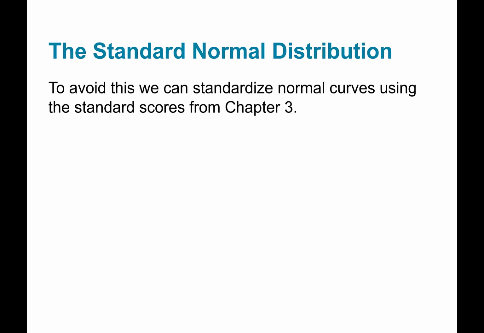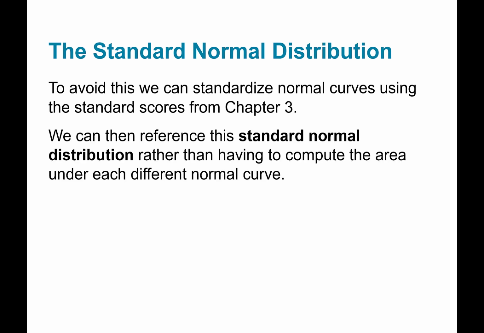Basically, we're going to convert every normal distribution that we have to the standard normal distribution, which we're also going to call the z-distribution. And then we actually have information on the areas or the probabilities for this curve.